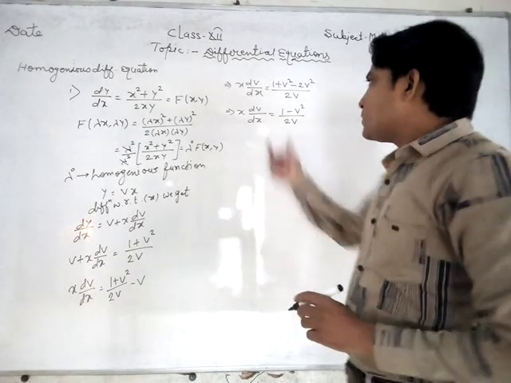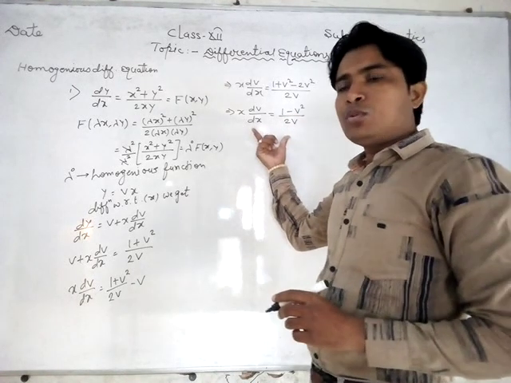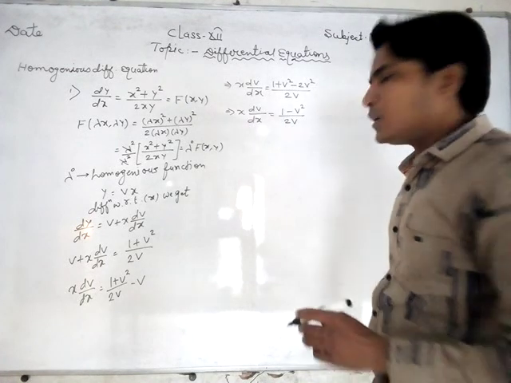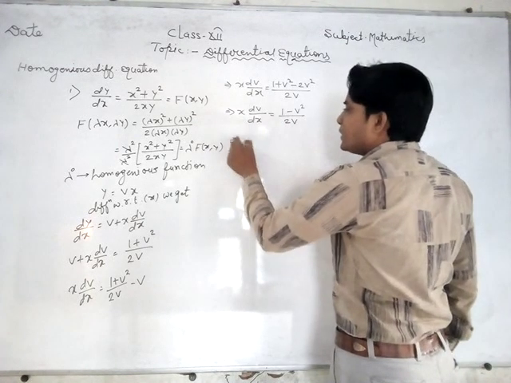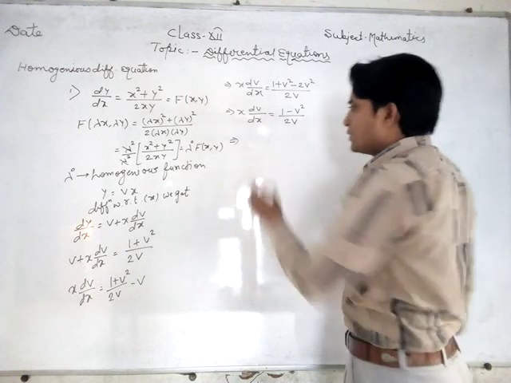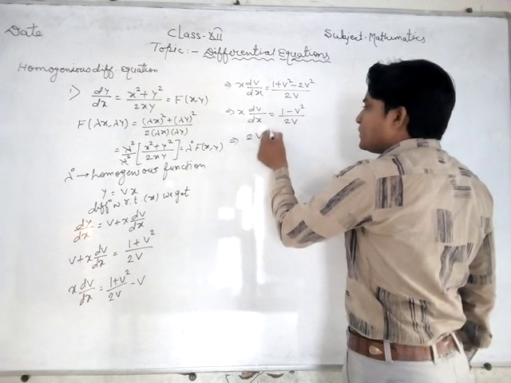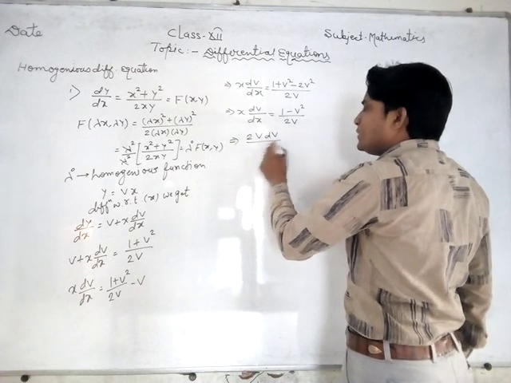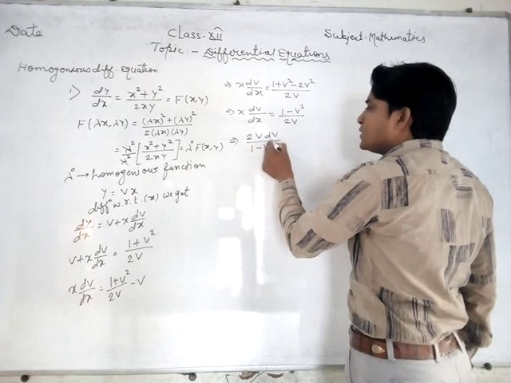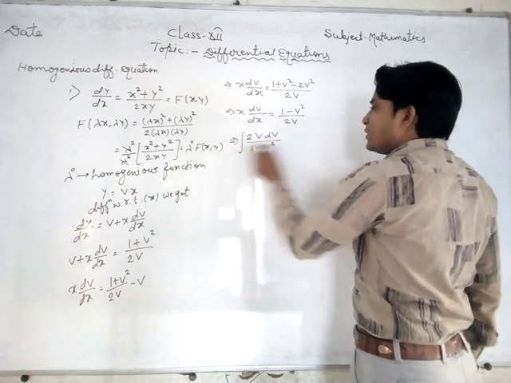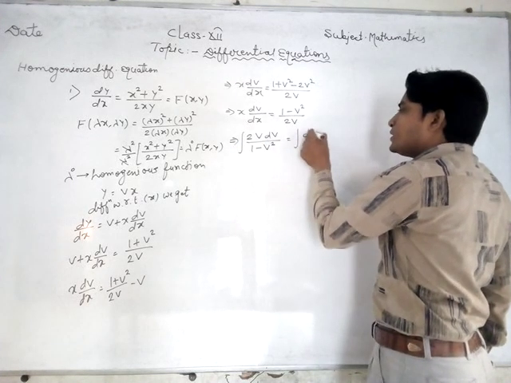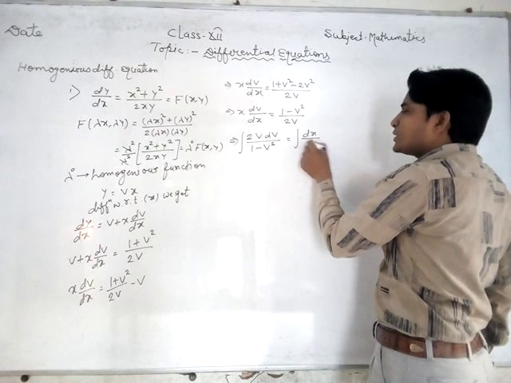Now this step is the conversion into the variable separation method, so we can easily separate the v terms and x terms. After the separation, we get 2v dv upon 1 minus v square equals dx by x.